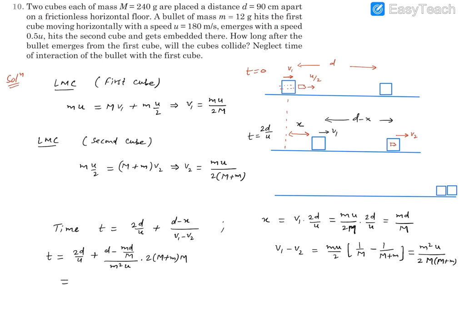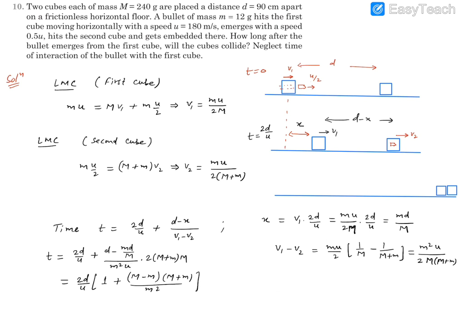2d by u can be taken as common. So in the next step we can write 2d by u as common. There is going to be 1 plus, here we are going to get capital M minus small m, multiplying with capital M plus small m. This capital M and this capital M will disappear. Moreover, downside we are going to get small m square, u has gone outside.